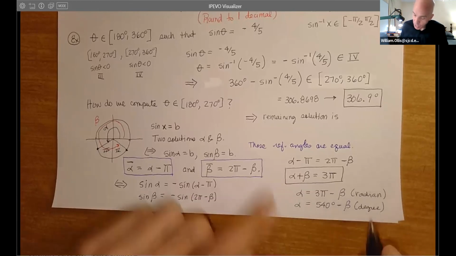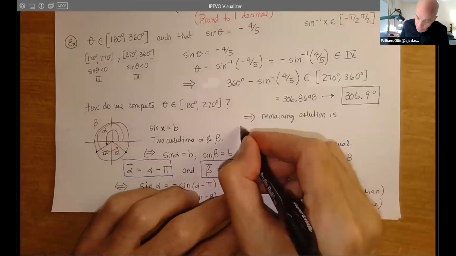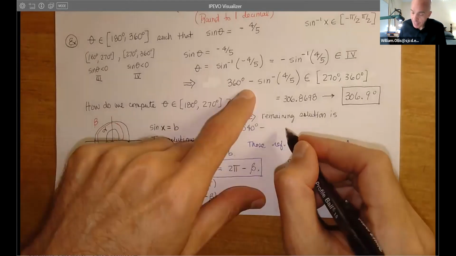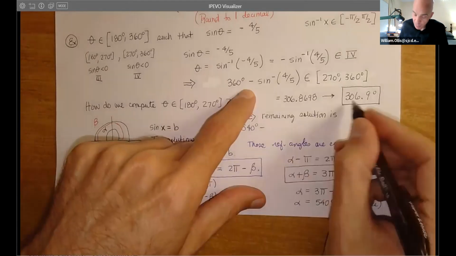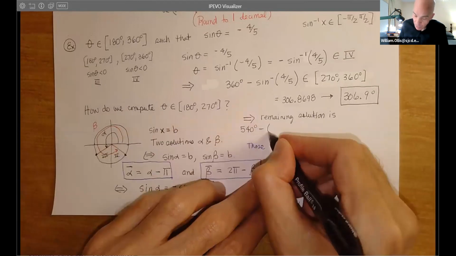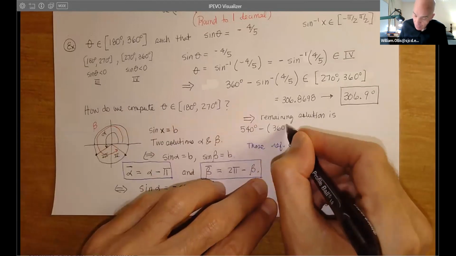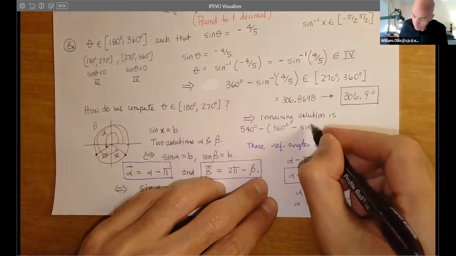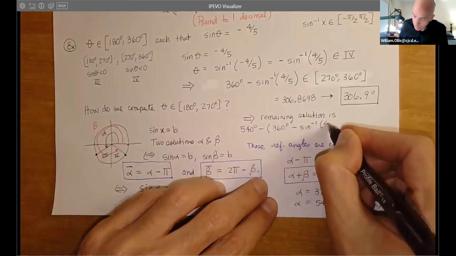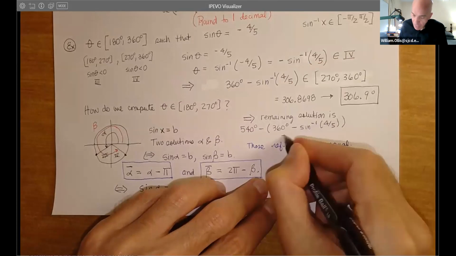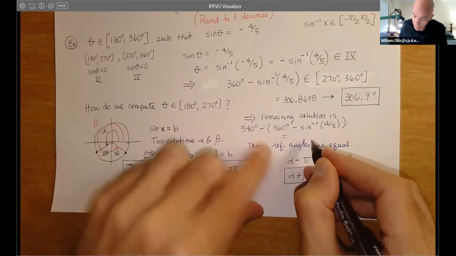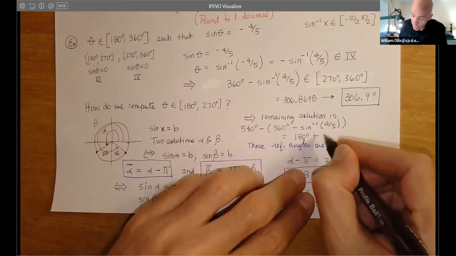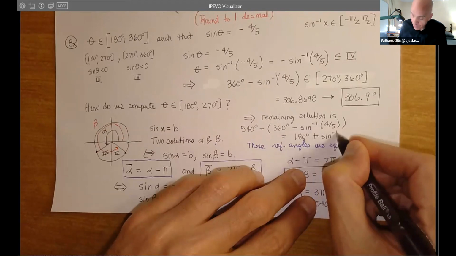So now the remaining solution will be 540 degrees minus this guy right here, which we approximate, but let's write it out formally. So this will be 360 minus inverse sine of 4/5. And now when we subtract this, we know that's 180. So this is going to be 180 degrees plus inverse sine of 4/5.